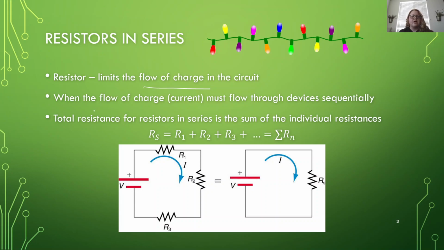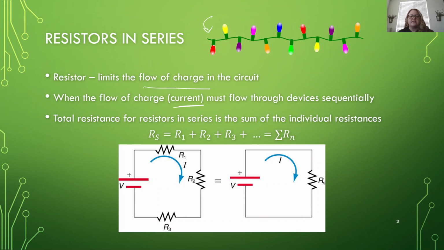I'm sorry, this is in series when the flow of charge must flow through devices sequentially, so one right after another. A very popular example of this is Christmas lights or holiday lights.